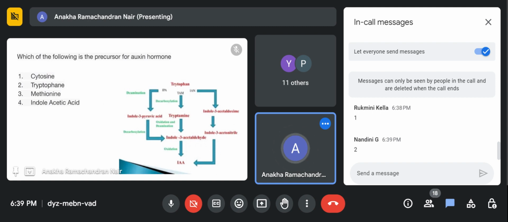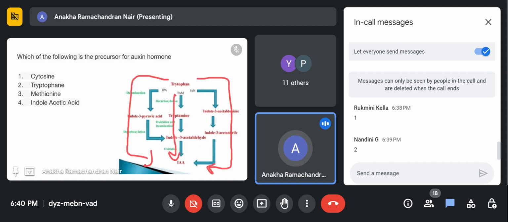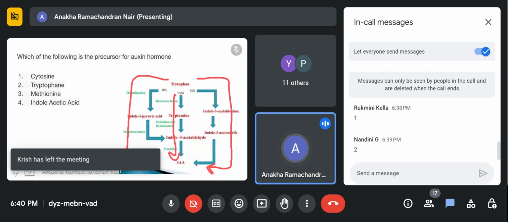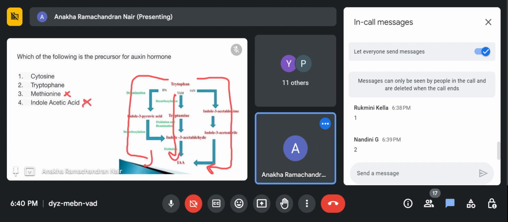Yes. So, the correct answer is tryptophan. So, tryptophan is the precursor, and along three pathways, it can form indole acid, which is auxin. So, indole acid is auxin itself, not the precursor. So, this is not the correct answer. Methionine is also not the correct answer. Cytosine is also not the correct answer. The correct answer is tryptophan.